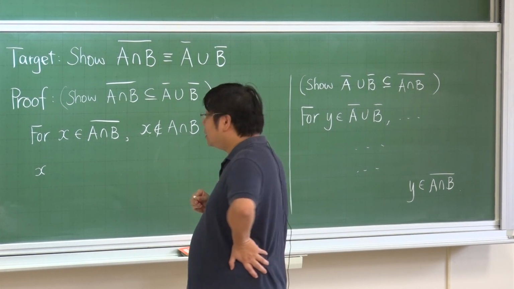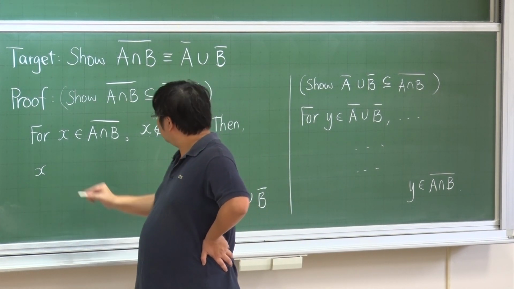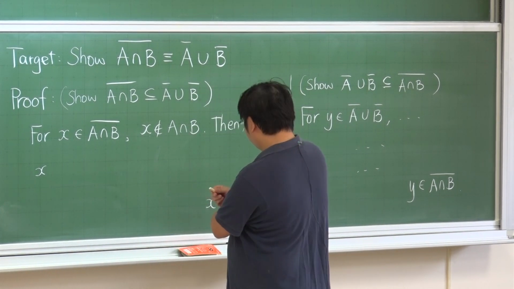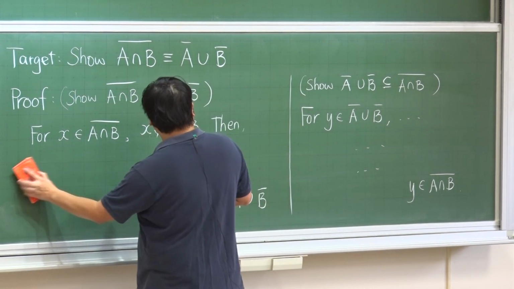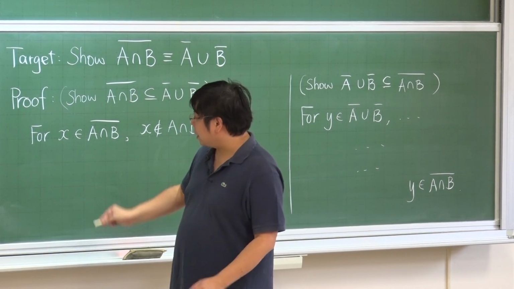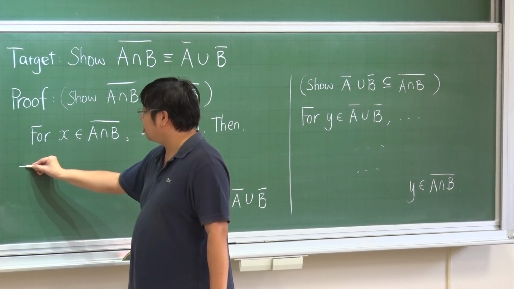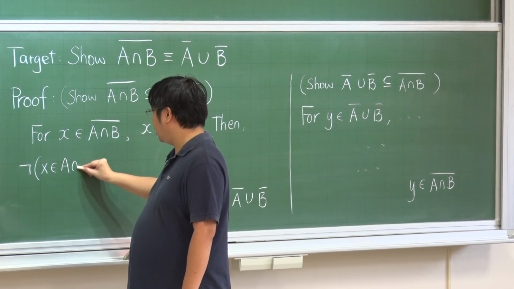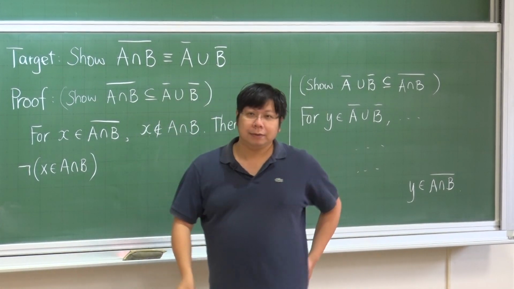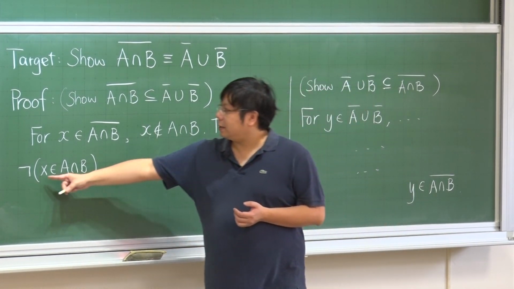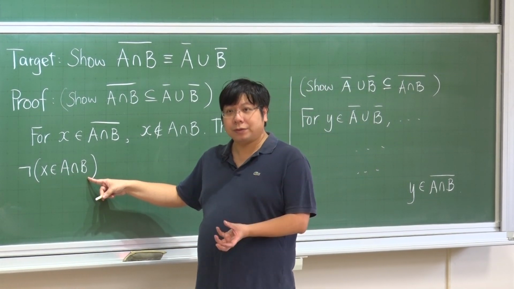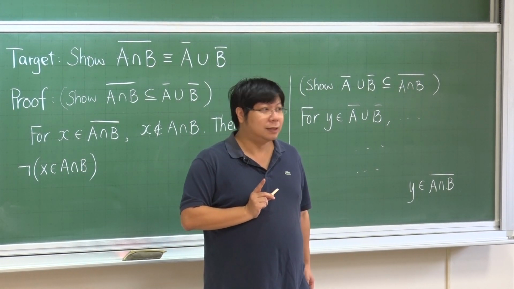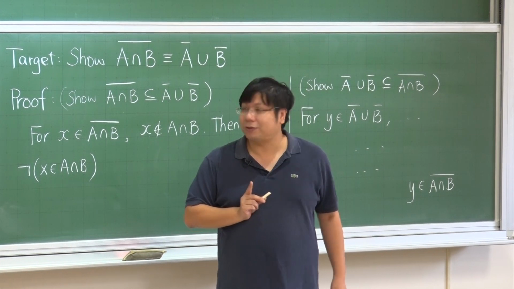If you use logic, it is saying that not (X in A and B) is true. So X in A and B will be false, so not X in A and B will be true. Is that okay?